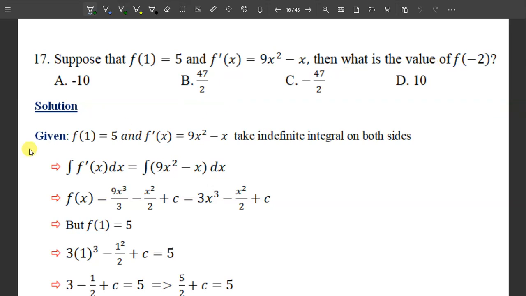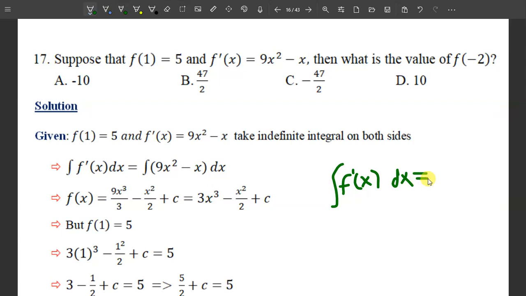Here, what are given? Given f of 1 is equal to 5, and f prime of x is equal to 9x squared minus x. Then take the integral on both sides. The indefinite integral of f prime of x dx is exactly the antiderivative of this function, which is equal to f of x.